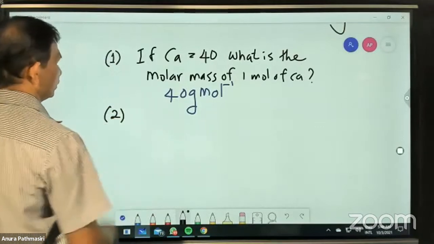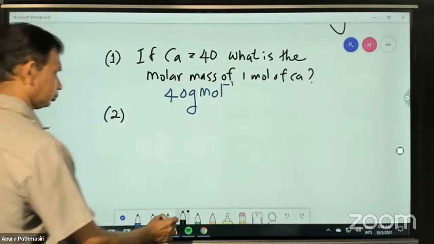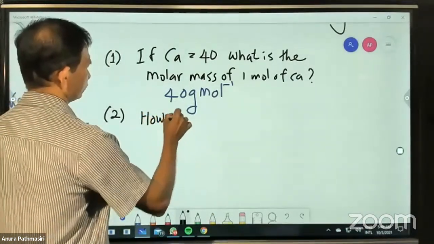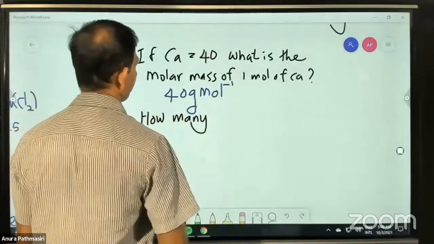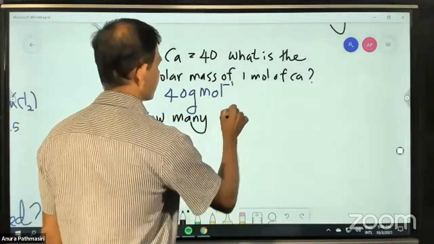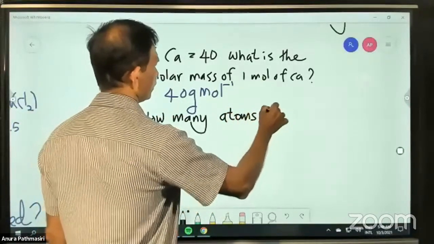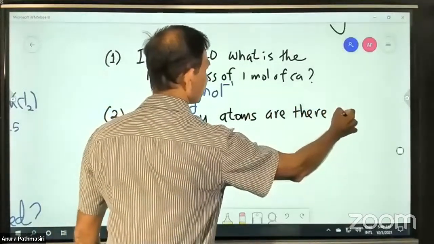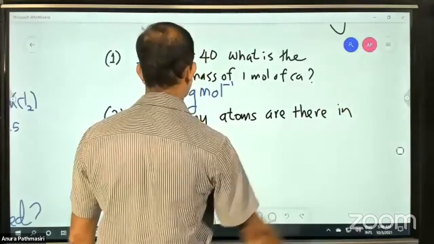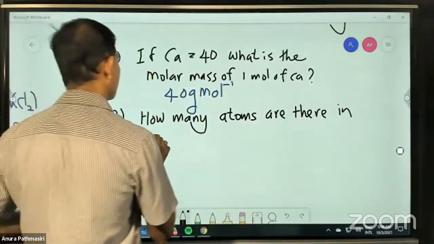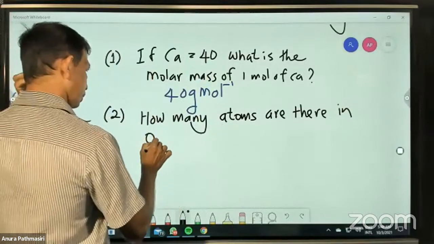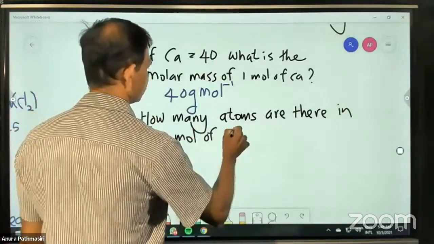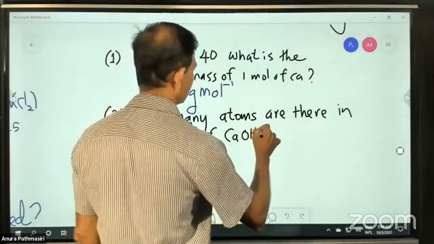Number two. How many atoms are there in 0.2 mole of calcium hydroxide?